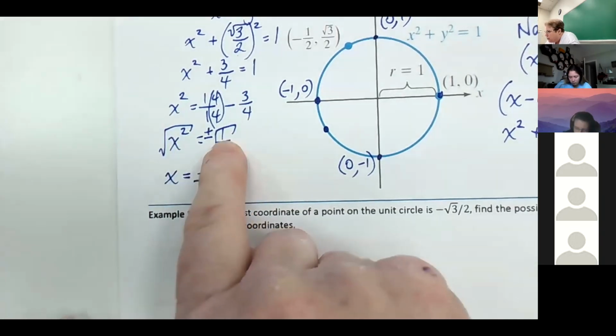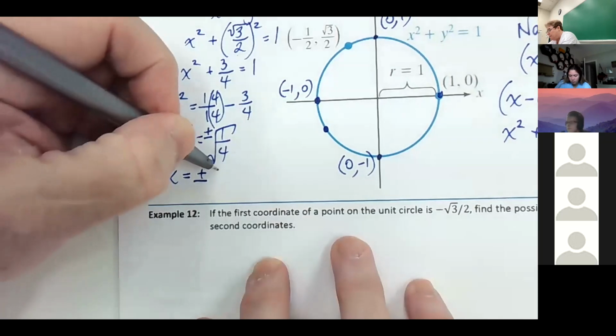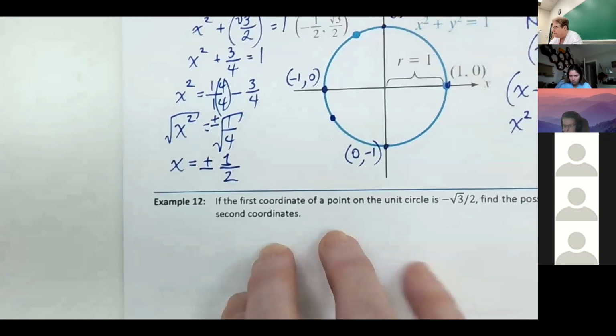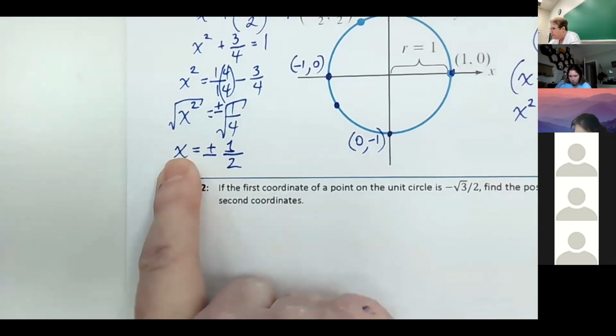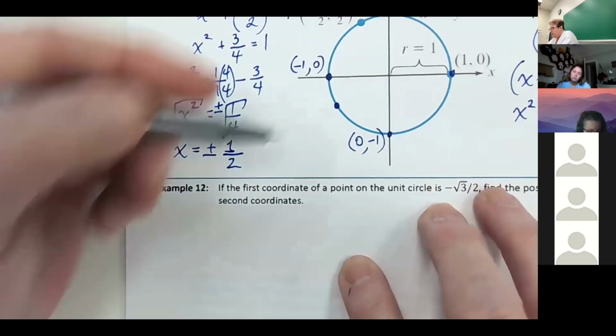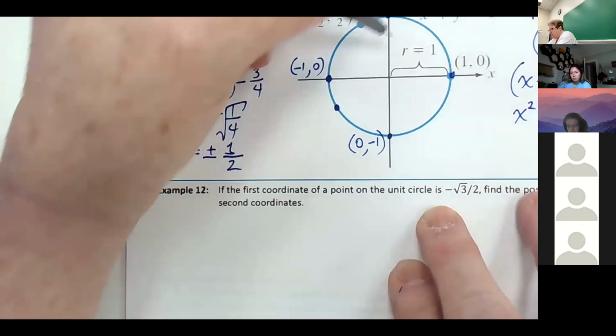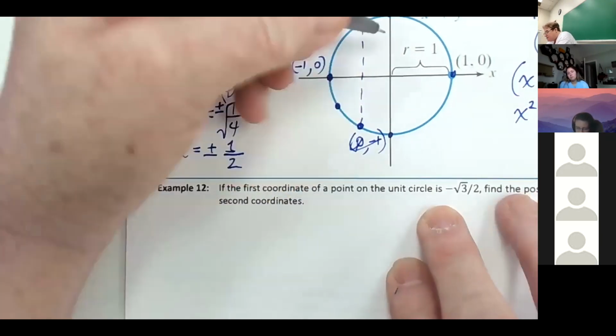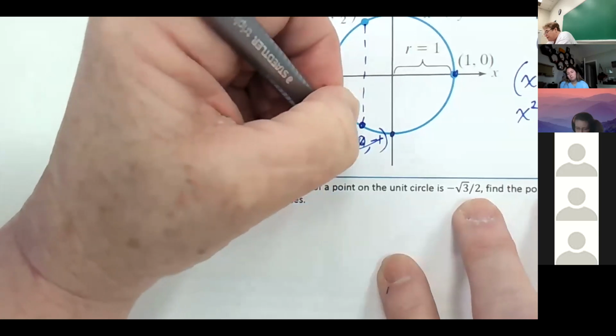The square root of 1 is 1. And the square root of 4 is 2. So the first coordinate has to be either positive 1/2 or negative 1/2. So here's square root of 3 over 2. And here's also square root of 3 over 2.